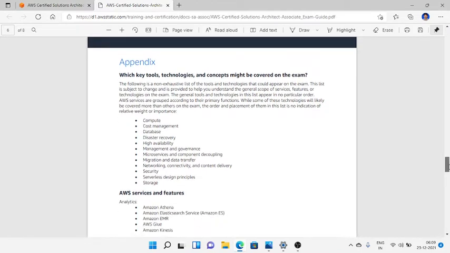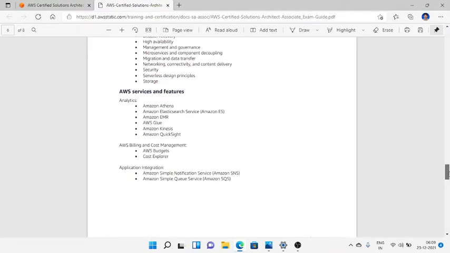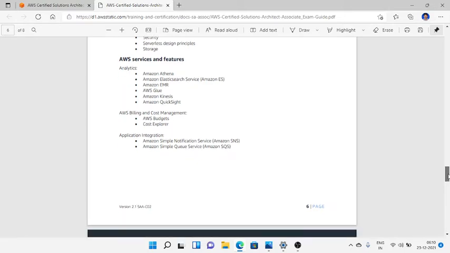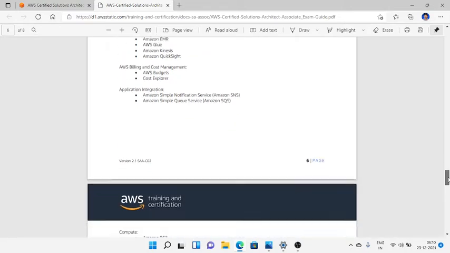Next comes the detail of analytics, that is Amazon Athena, then Amazon Elasticsearch Service, then Amazon EMR, AWS Glue, Amazon Kinesis, Amazon QuickSight. Then regarding billing and cost management, there will be questions from billing and cost management also, such as AWS Budgets and Cost Explorer.